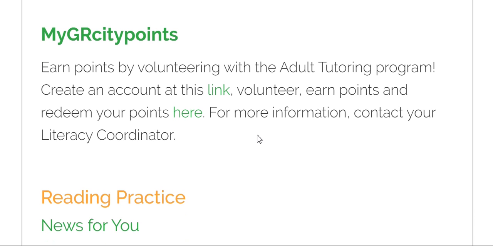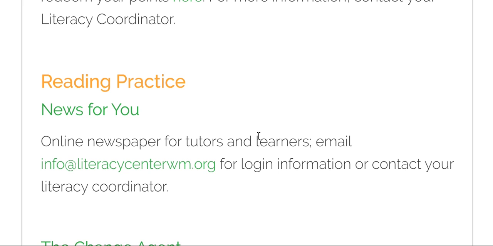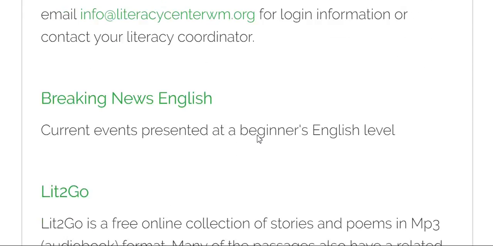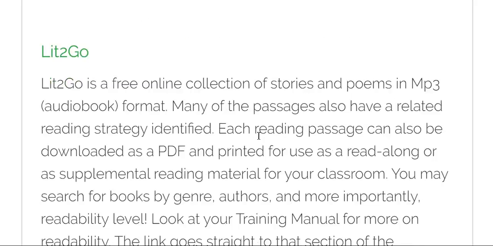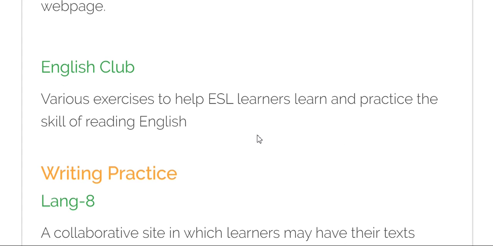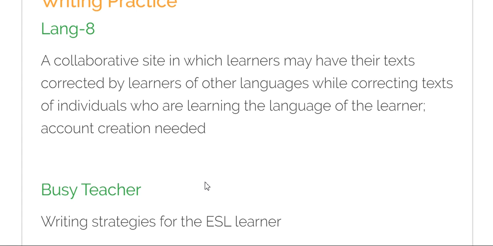And so from here, you'll find that we have links specific to different types of literacy. For reading practice, we have links for News for You, The Change Agent, Breaking News, things that specifically deal with reading comprehension and developing reading skills. But we also have links for writing practice. For example, these two writing links are great for collaborating.